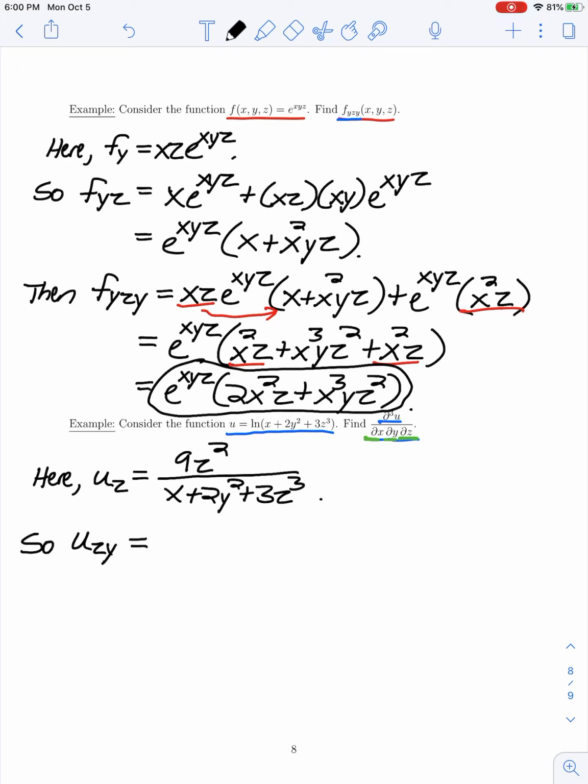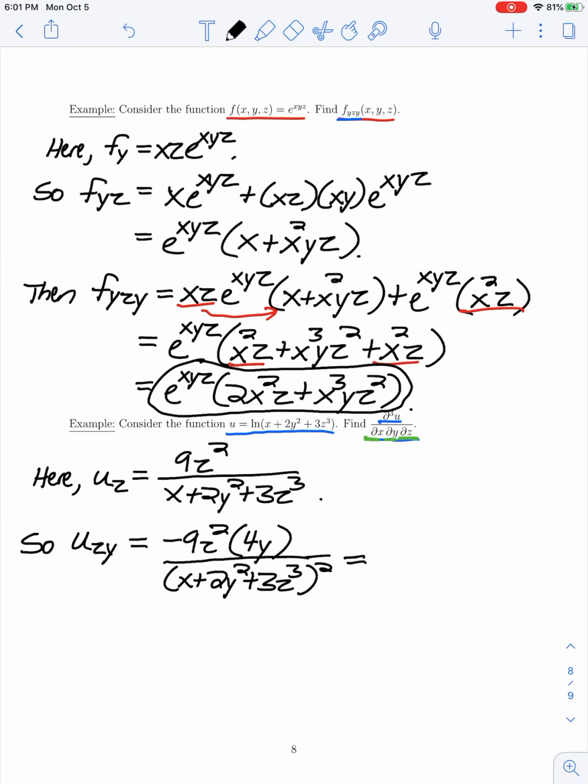Well, using the quotient rule, the derivative of the numerator with respect to y is 0, and then we would subtract the numerator times the derivative of the denominator with respect to y, which would be 4y to the first power, all over the denominator squared.